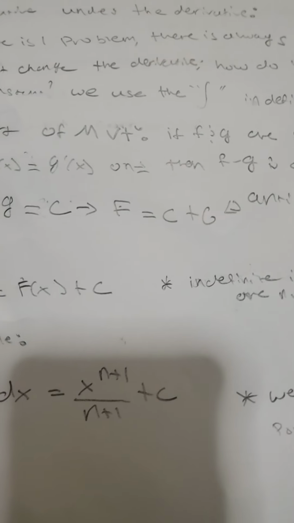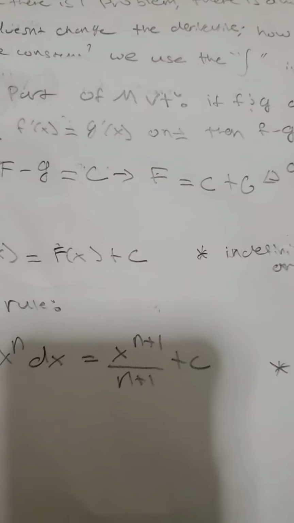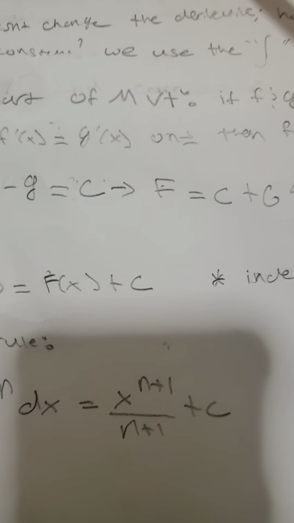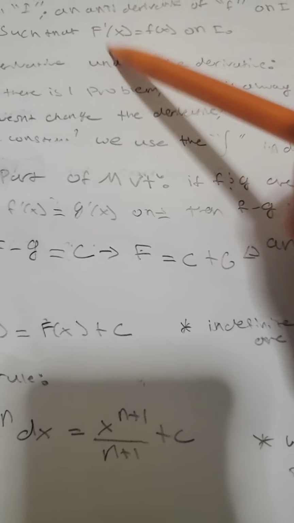Formally, let f be a function defined on an interval I. An antiderivative of f on I is a function capital F such that the derivative of capital F is equal to f of x on I. That's just a fancy way of saying that if we antiderive the derivative, we'll find the original function.